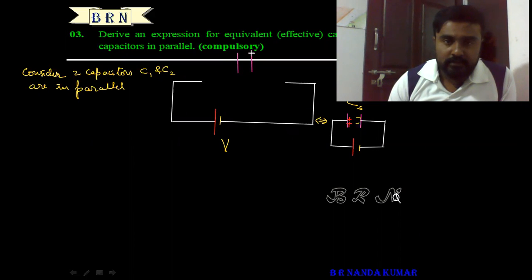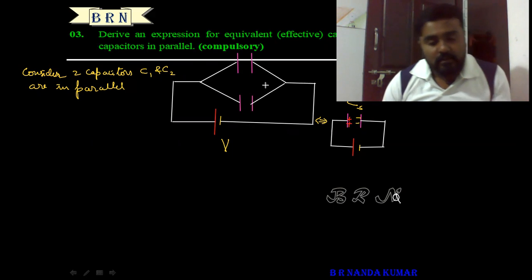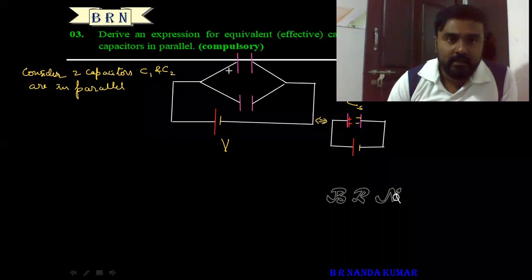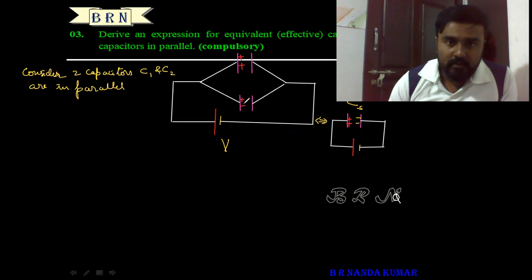We consider the two capacitors C1 and C2. If the positive plates are connected to one common point, and the negative plates are connected to another common point, then the capacitors are said to be connected in parallel.